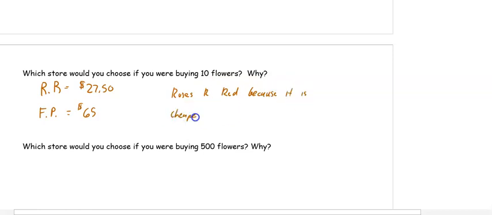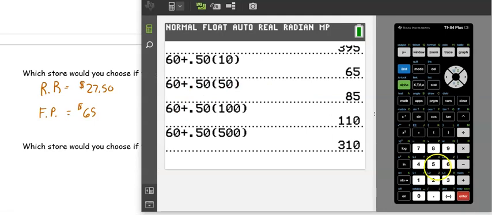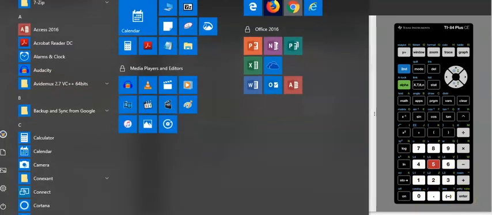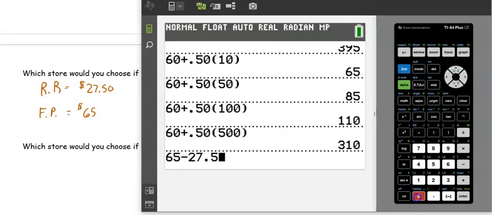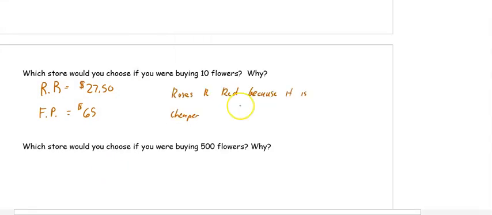And we want to know by how much it's cheaper. So we're going to take the higher cost and subtract the cheaper cost. So it is cheaper by $37.50.